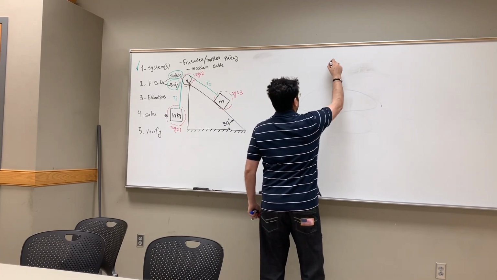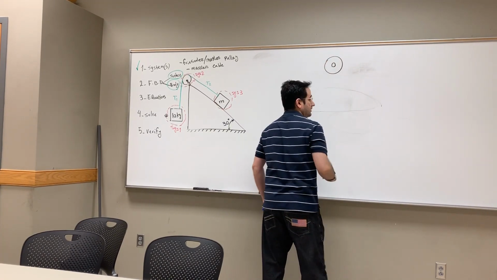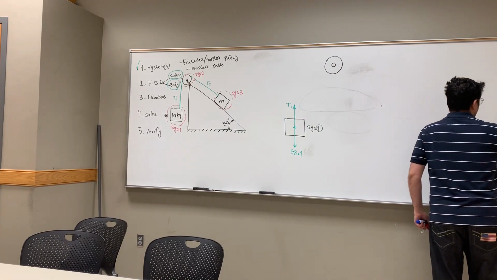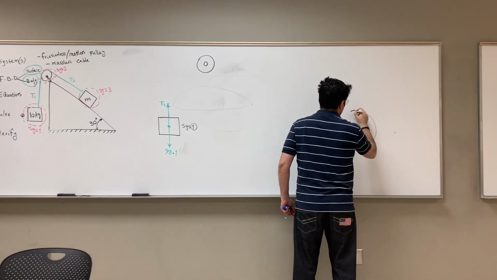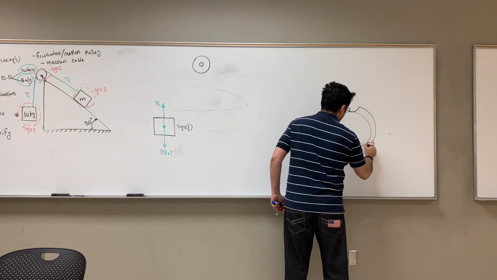For system 2, you have a pulley like that, right? And then we draw a three-dimensional rod.